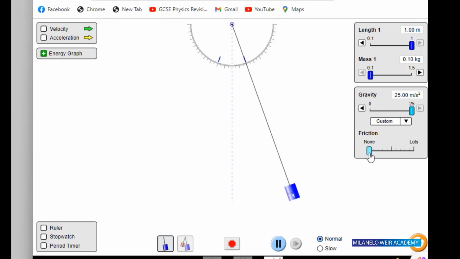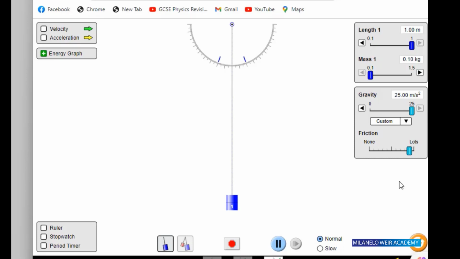Now let's increase the friction a little bit, guys. I want you to see something. What friction does. Look what happens now. It will eventually stop because I've increased friction. It just stopped. So the reason why a swinging pendulum stops is because of friction.